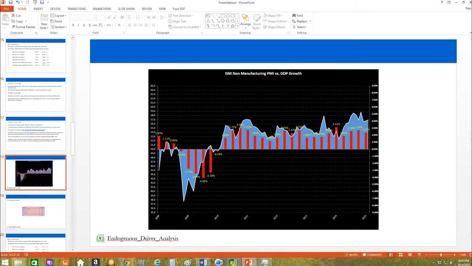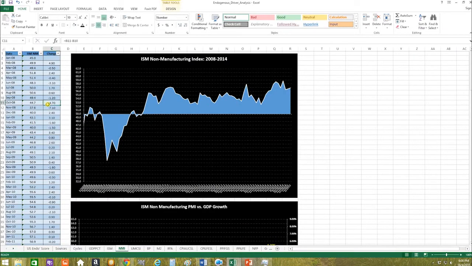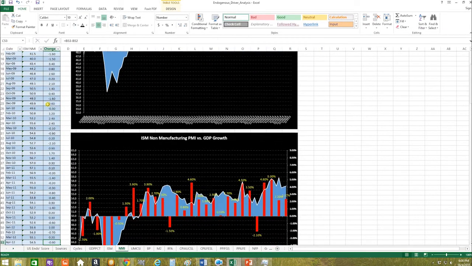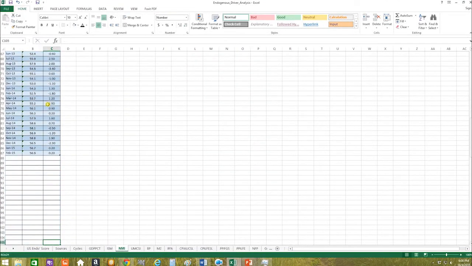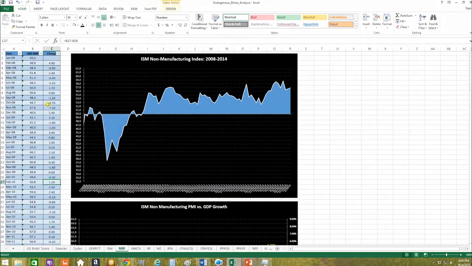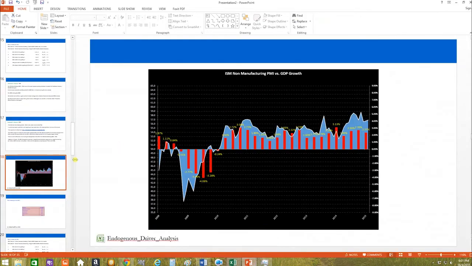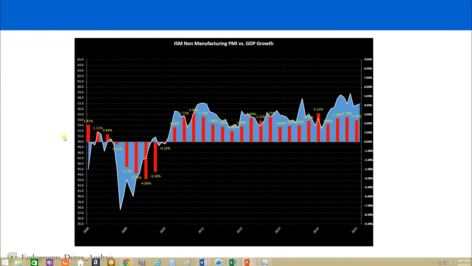Now what we can do is go over to the spreadsheet. We've built this in exactly the same way as we built the ISM, but the data just goes back to January 2008. So familiarize yourself with the data, make sure you go through it.